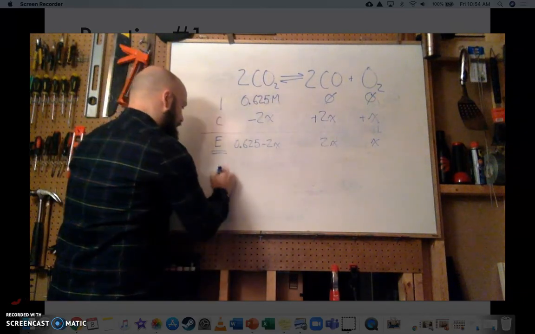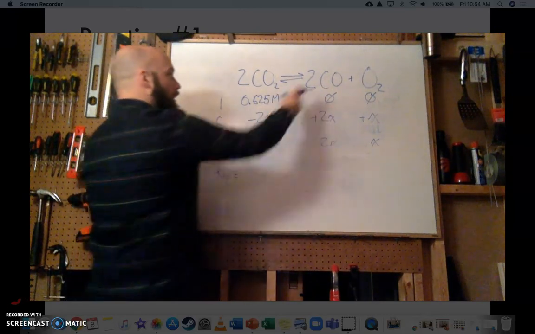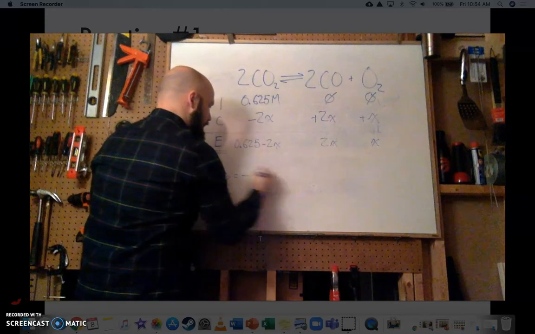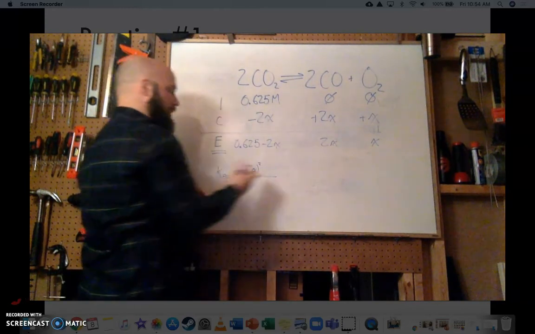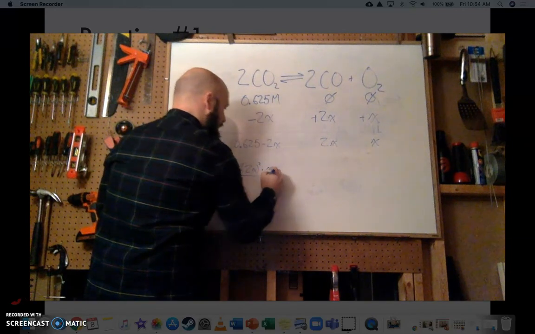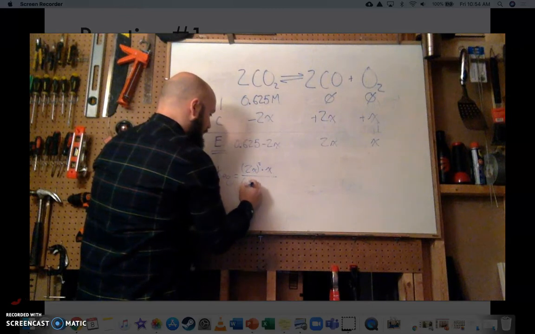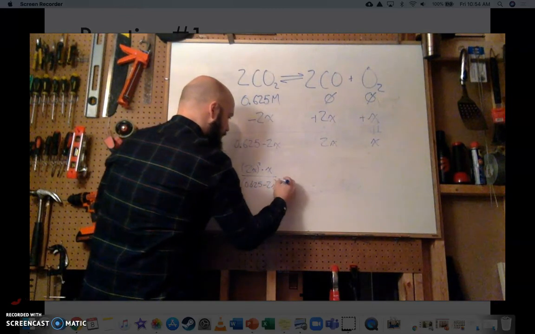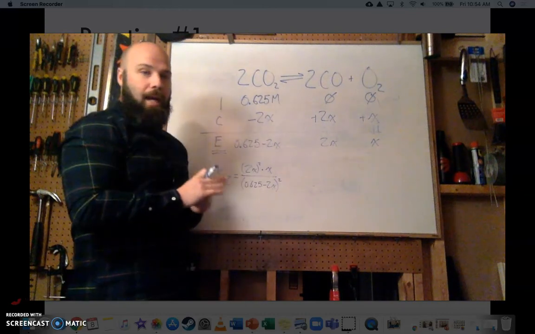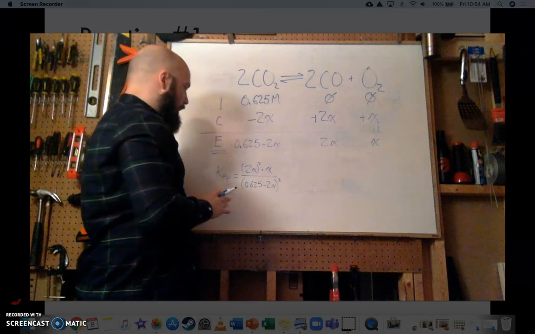We can use our equilibrium expression to plug these values in. Note the carbon monoxide, which is 2X, would be squared in our equilibrium expression, and the oxygen is just X. And then 0.625 minus 2X is our carbon dioxide, squared.